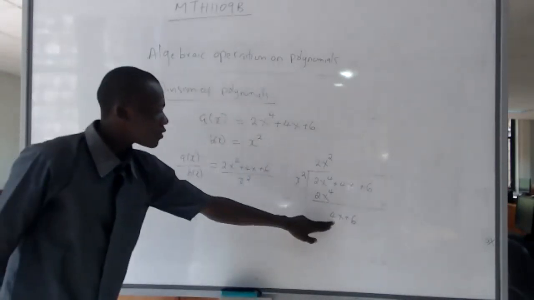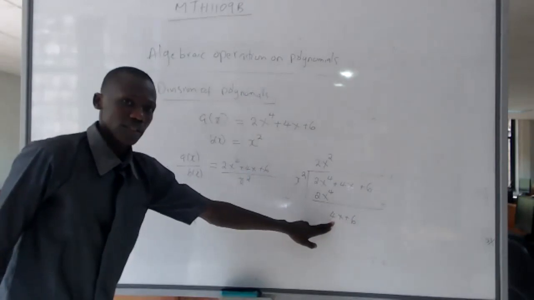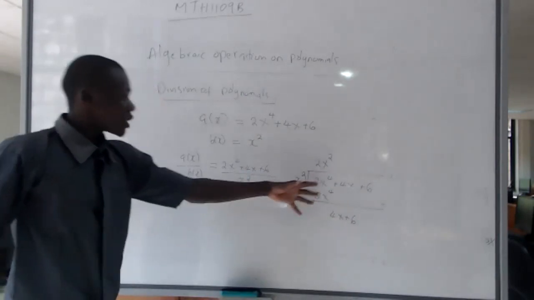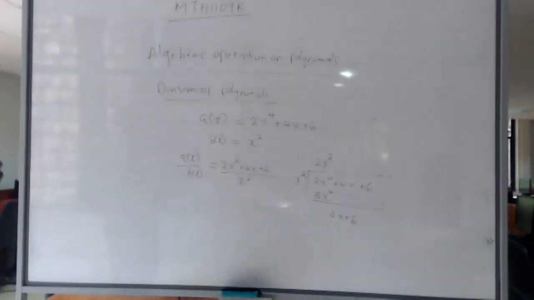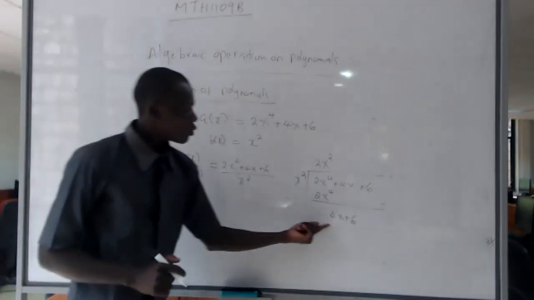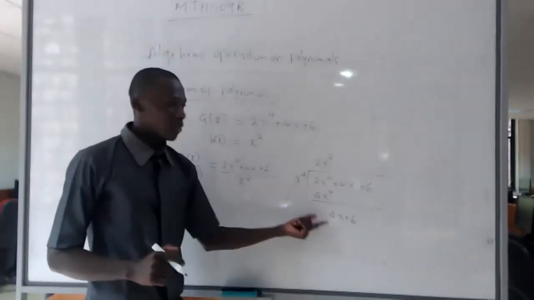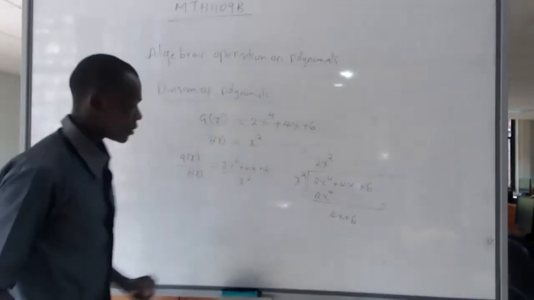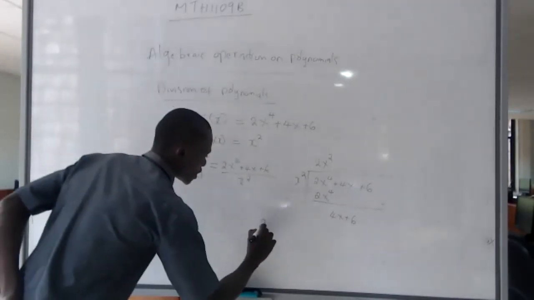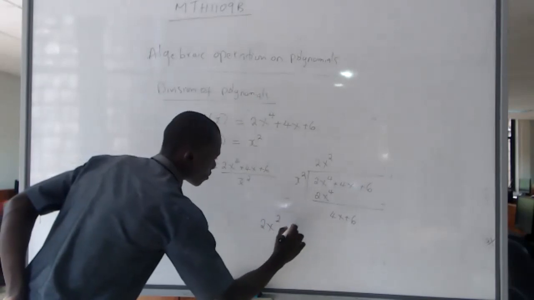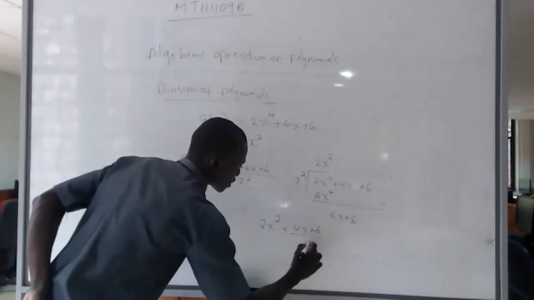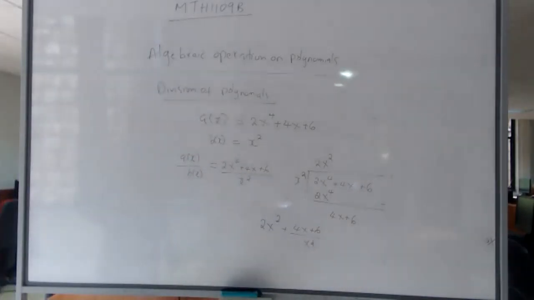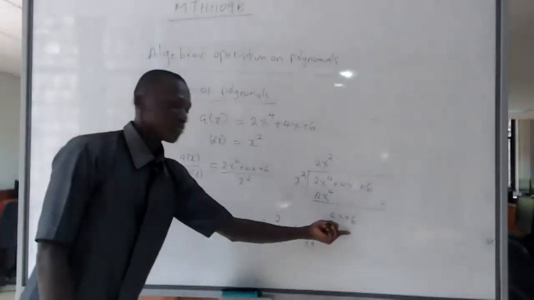Does x squared divide 4x plus 6? That's not possible because our criteria was that the term that is dividing must have a smaller degree. But in this case, we want to divide a linear polynomial by a quadratic polynomial, and that's not possible. So in this case, your answer will be 2x squared plus (4x plus 6) divided by x squared, because we're having a non-zero remainder.